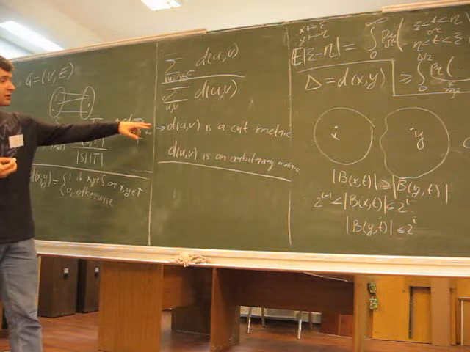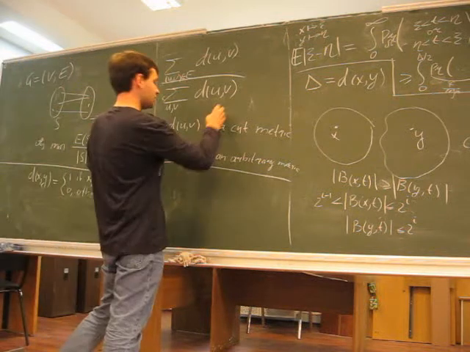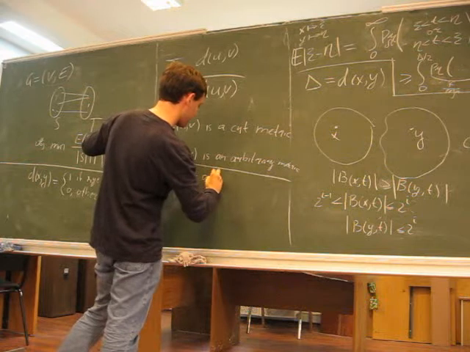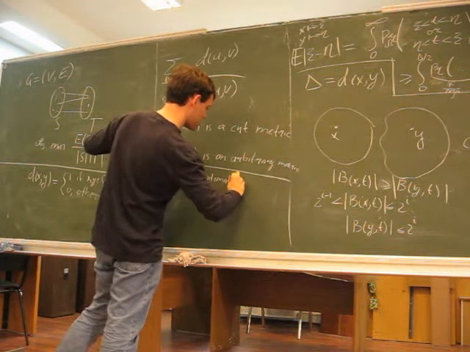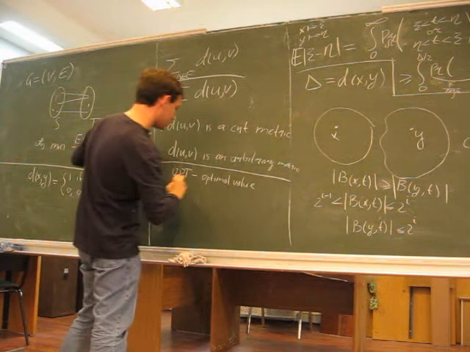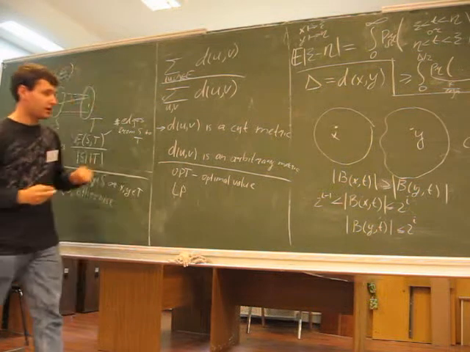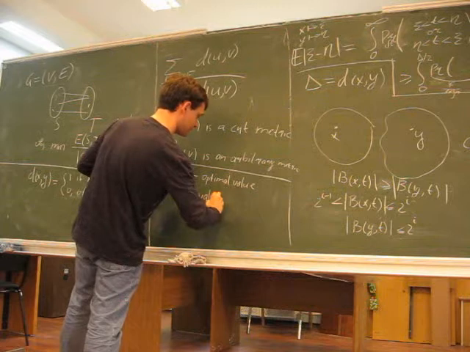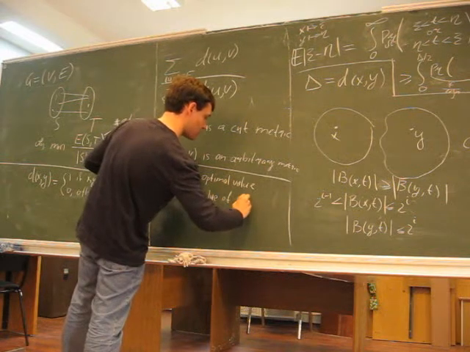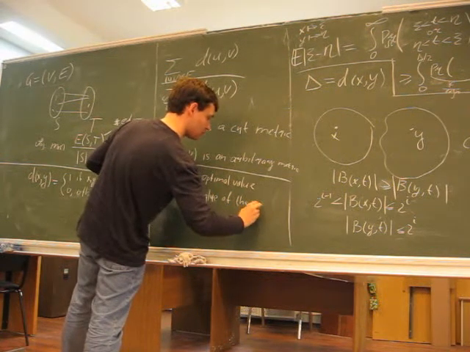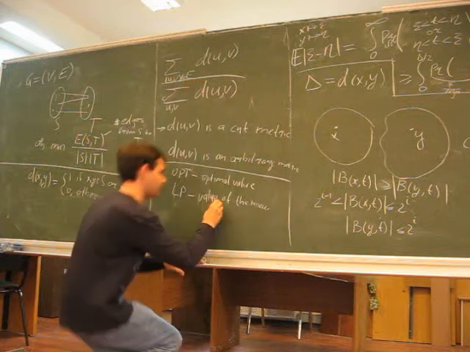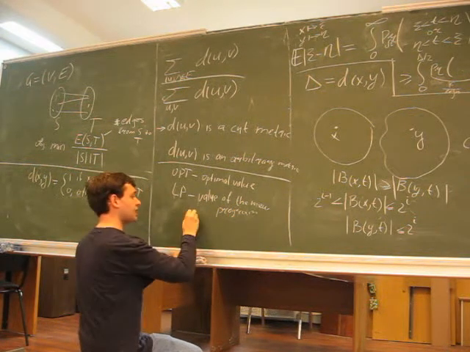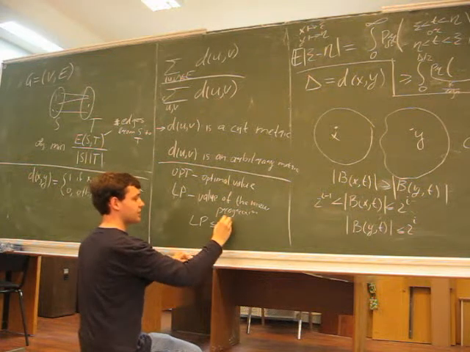So let OPT be the optimal value of the combinatorial problem, and LP be the value of the new program. Then LP is less than OPT.